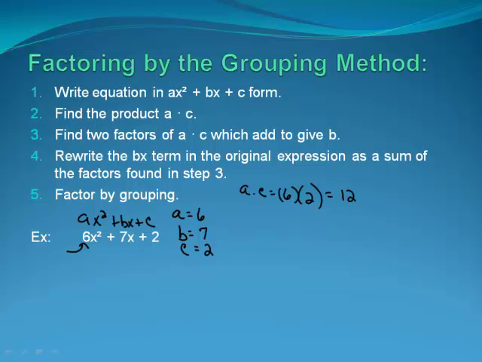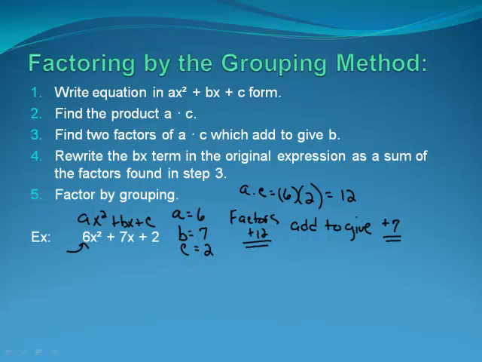All right, once you get the product a times c, we're now going to take that value and find factors of positive 12 that when we add them instead of multiply them give us our middle term, or our b term, which in this case is positive 7.